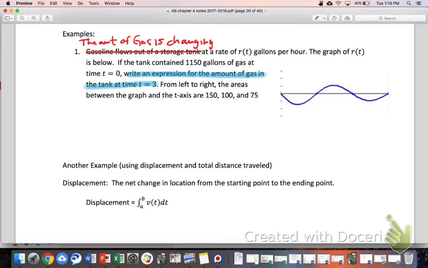Can you write an expression with an integral in it? So the integral of B and A. I think you'd be more specific than B and A. 0 and 3. So the integral from 0 to 3 of what? R of T. Okay, of R of T.